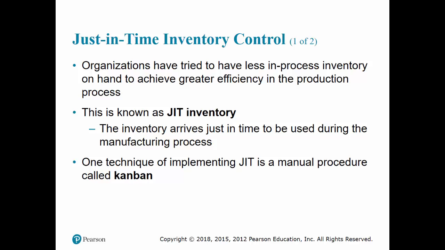There are some additional topics that we have to cover on inventory management, and one concept that is very popular is called just-in-time inventory. The idea is to reduce the amount of inventory one holds because inventory actually covers up production problems.